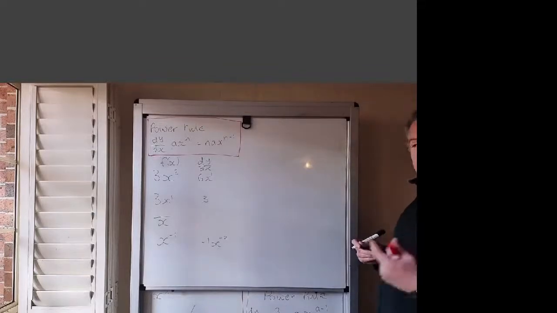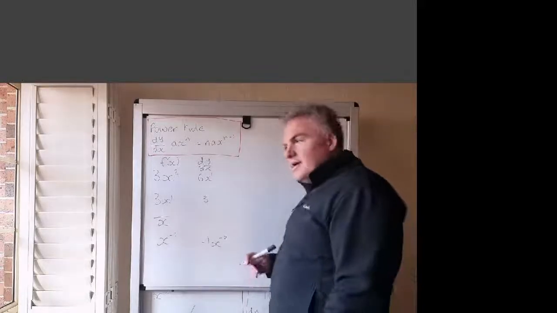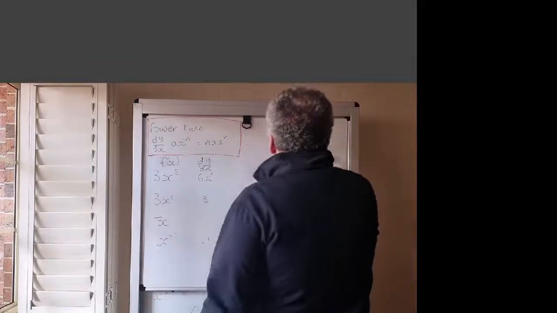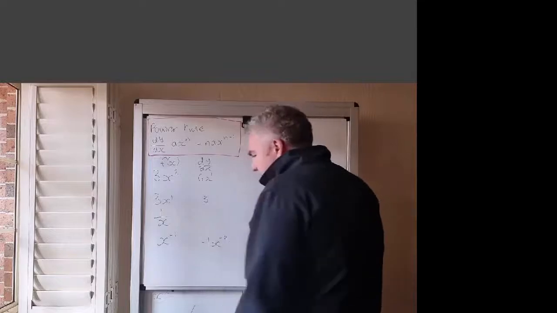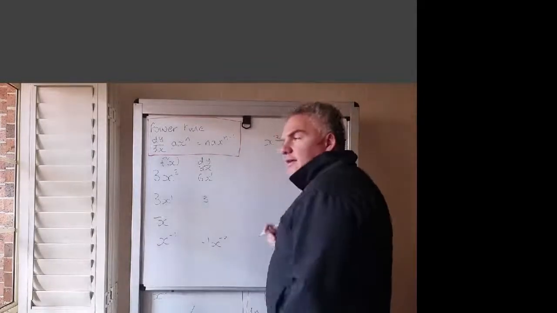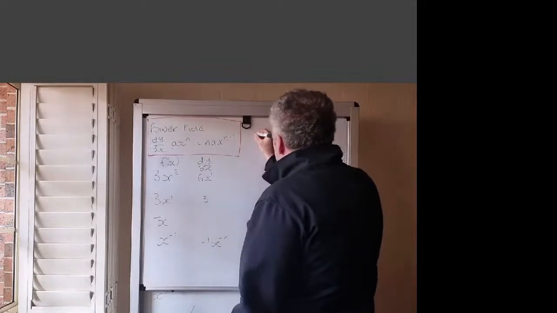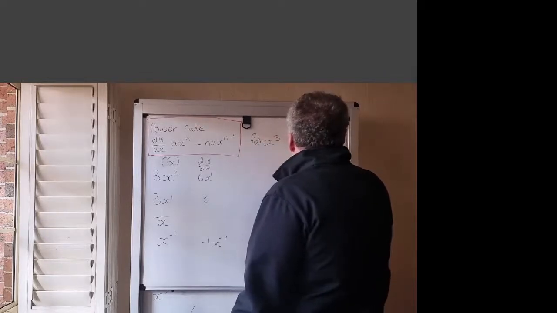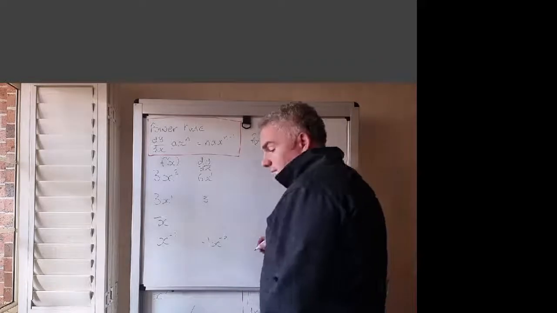Using this power rule to find a derivative, a tangent to a curve. Okay, I'm going to do this with x cubed. We're going to find a tangent at the point x equals 2.